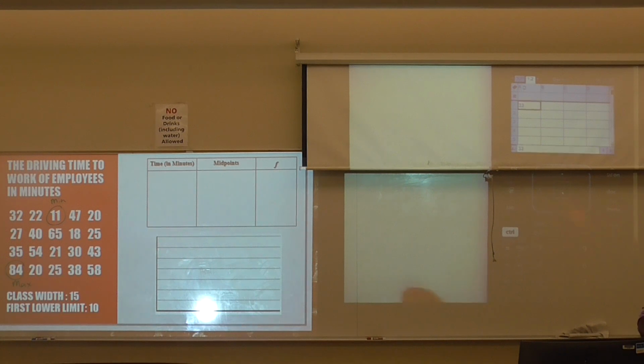So 32, and you can press either down or enter, both work.